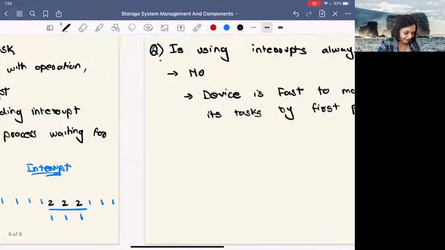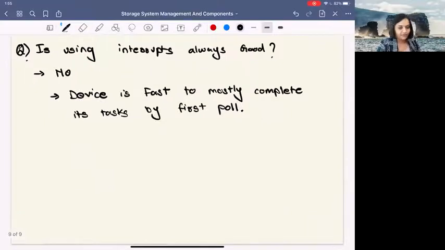So in that case, now if we use interrupt, what are we losing? If we use interrupts for such a fast device, then we have this overhead of switching to another process.